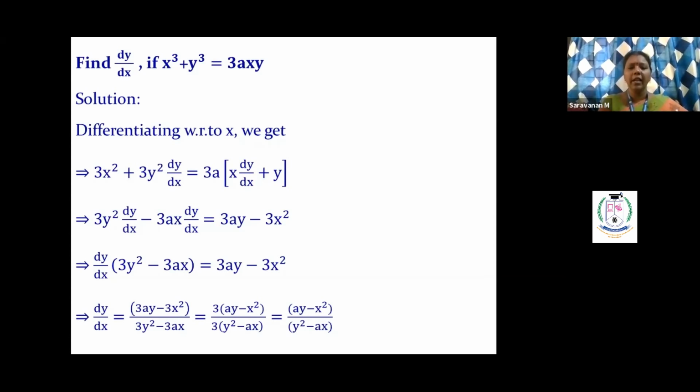All the terms contain 3, so we can take 3 common and cancel from both numerator and denominator. So we get dy by dx is equal to ay minus x squared divided by y squared minus ax. So we got dy by dx for the implicit function. We'll proceed to the next part.